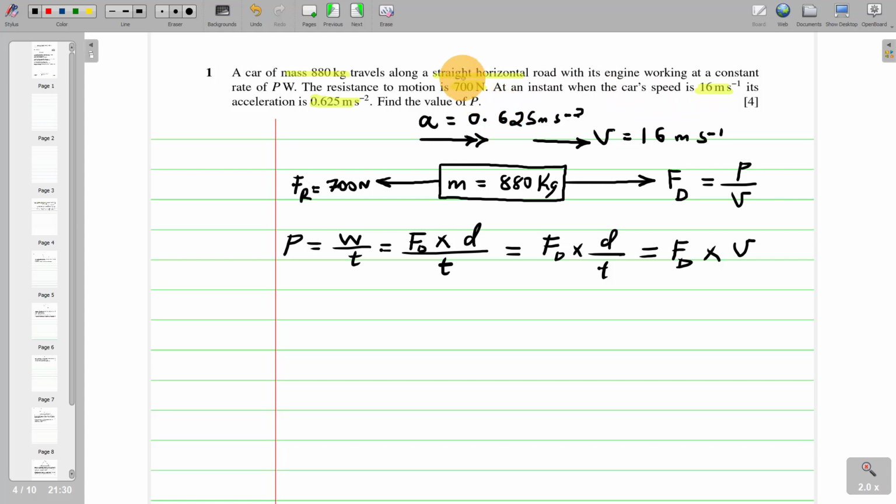Now I also want to explain these two words here, where you've been told that the road is straight and it is horizontal. We know that there are two things which describe the velocity of an object: the magnitude, which is a number and the unit, and the direction.